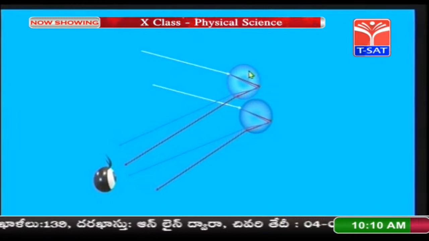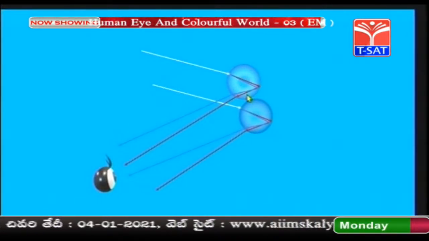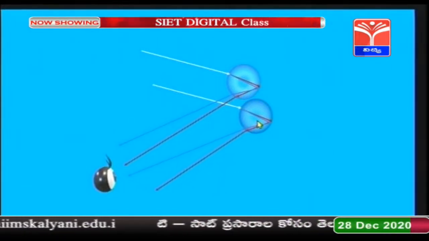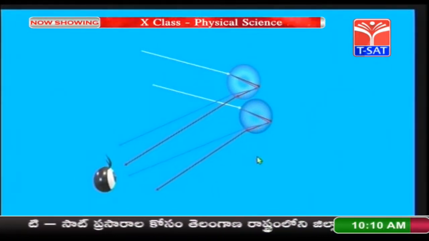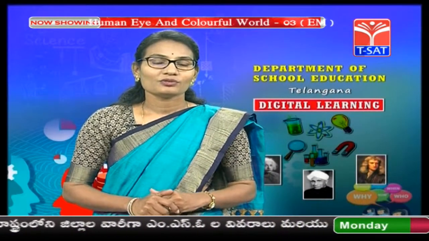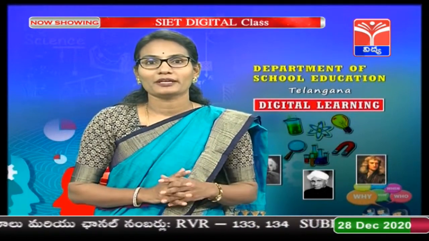Each droplet disperses all the colors, but still the person receives only red from one droplet and violet from another droplet, and the remaining colors from the remaining water droplets. So we receive only one wavelength from one droplet, but there are so many water droplets present in the atmosphere. That's why we are able to receive all the colors.